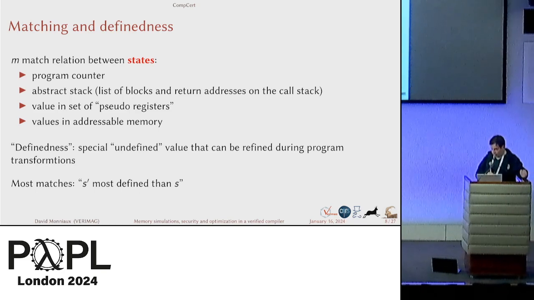But you're allowed to replace that by an instruction that continues execution with maybe some undefined value in the result register. That is legal. I'm mentioning this about definedness because in most match relations, you have a notion that the state after the transformation is more defined somehow than the state before the transformation.